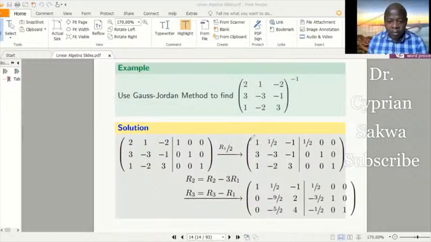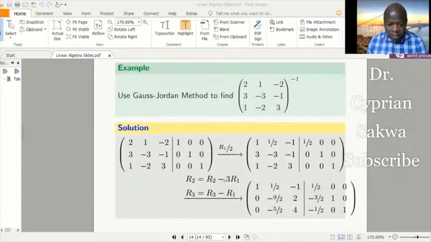We use this 1 that we created to have zeros elsewhere in column 1. So you need a 0 here and a 0 here. So how do we achieve a 0 in row 2? To get a 0 in row 2, you'll take row 2 minus 3 row 1. And to get a 0 in this position, we'll take row 3 minus row 1.